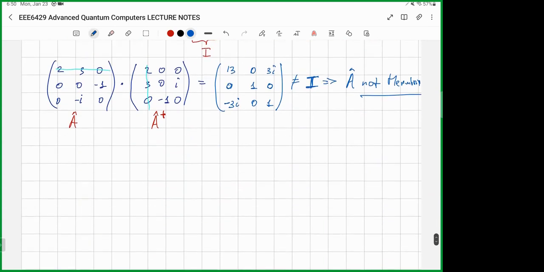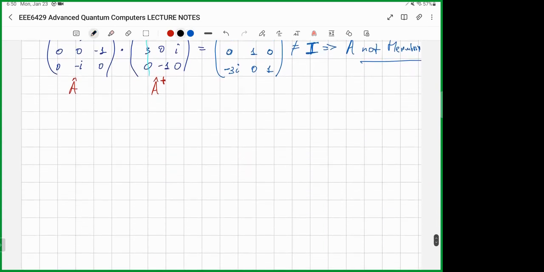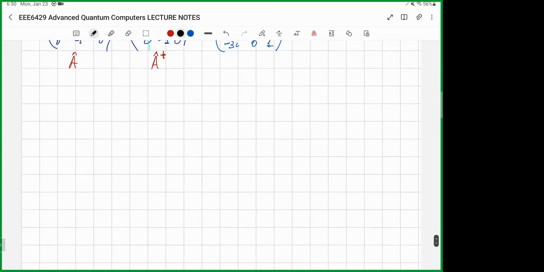So let's go next and consider this interesting problem, number 8. Now let's represent the operator A. This one: 1, minus 2i, 0.